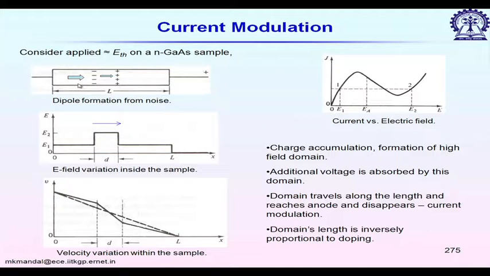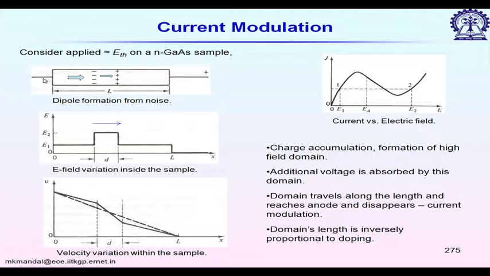In that case, let us say somehow, usually due to noise, there is accumulation of electrons here in some region. Now, because of that the velocity of this electron decreases, or the resistance increases. So, once the resistance increases, in that case we have high electric field.